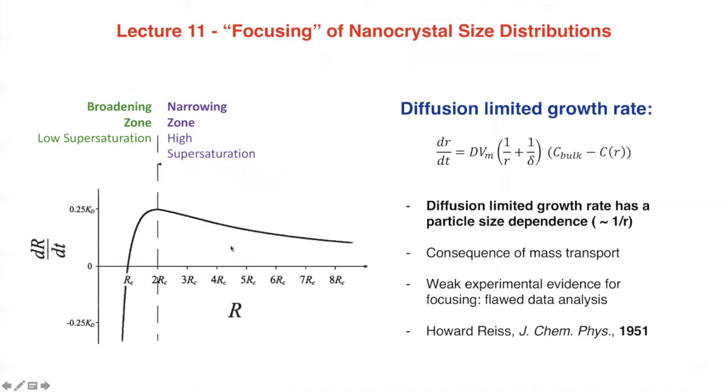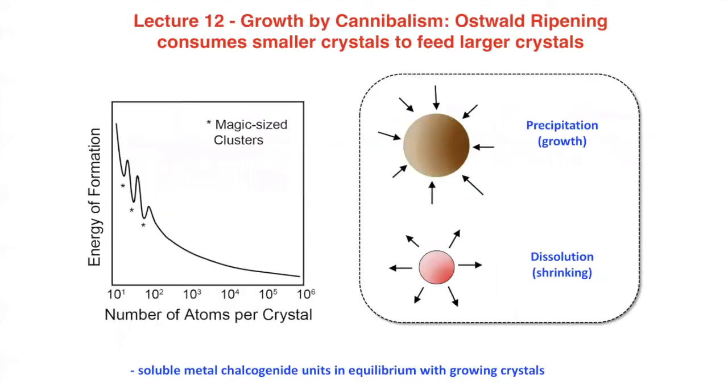And just because the topic is kind of fun and there's a lot of papers about this, I'll say that diffusion limited growth and size distribution focusing are phenomena that depend upon the supersaturation. Okay, so normally remember we talked about Ostwald ripening.